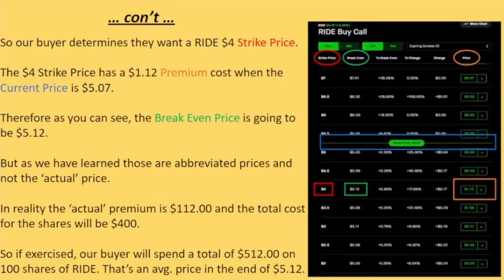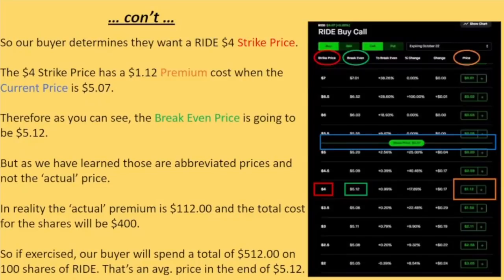All right. But as we've learned before, those are abbreviated prices and not the actual prices of, per se, the contract or the premium to buy that contract. In reality, the actual premium in this scenario would be $112, and the total cost for the shares at the end of the exercise contract would be $400.